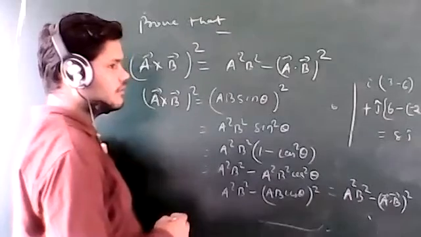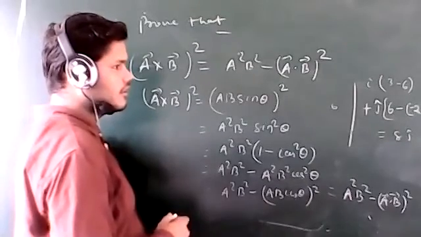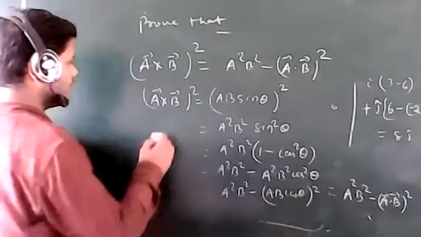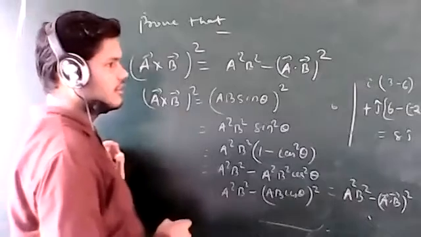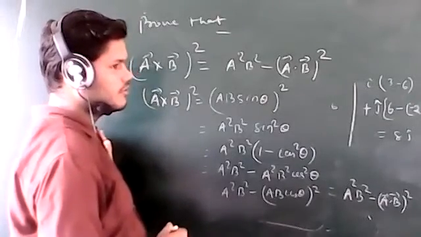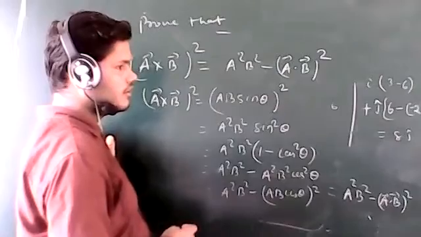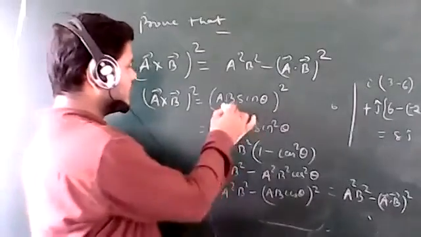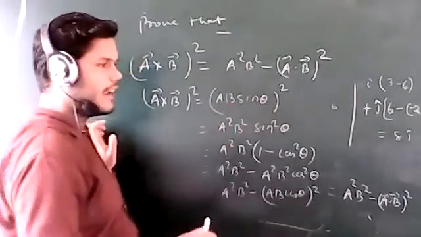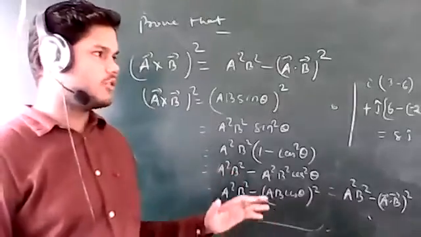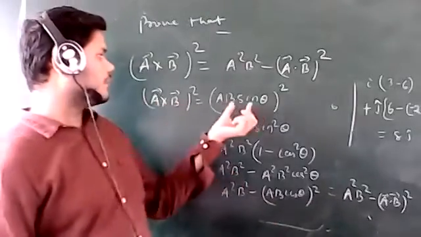Yes, yes. Tell me, I'm listening. What will be the formula for A cross B magnitude? It will be AB sin theta n cap. Okay, if you're taking the direction, that will be n cap. I am taking the magnitude, so that will be only AB sin theta.